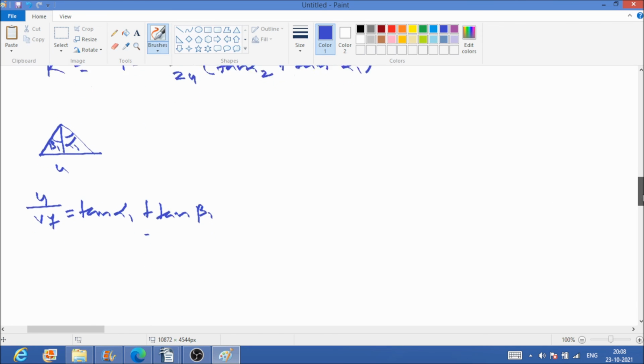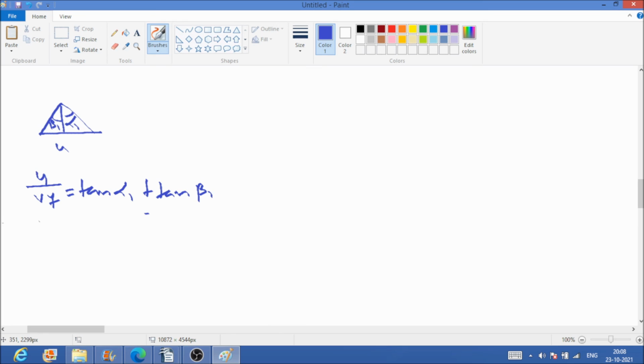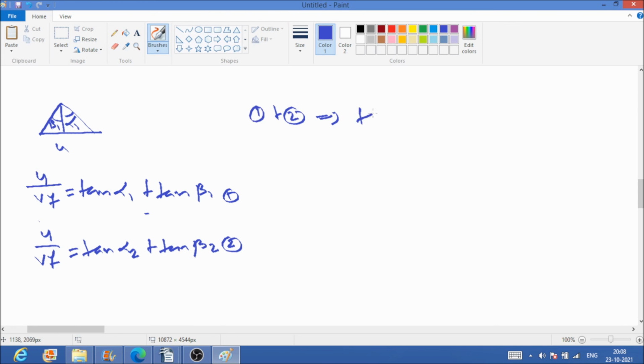And again going to the second triangle, u by Vf is equal to tan alpha 2 plus tan beta 2. So this is equation number 1, this is equation number 2. So 1 plus 2 gives you tan alpha 1 plus tan alpha 2 plus tan beta 1 plus tan beta 2 is equal to 2u by Vf.